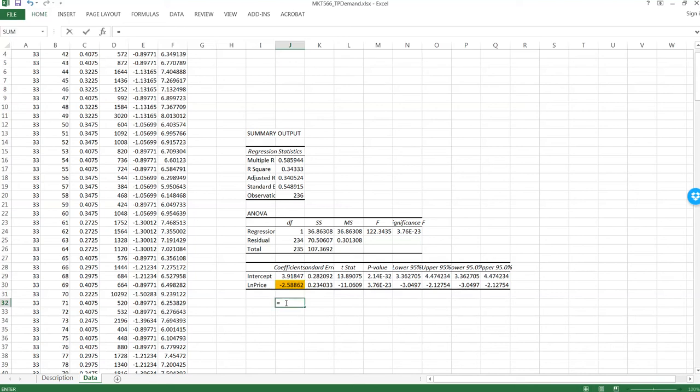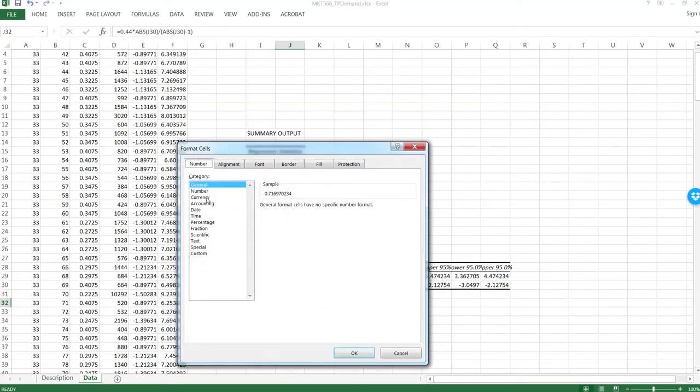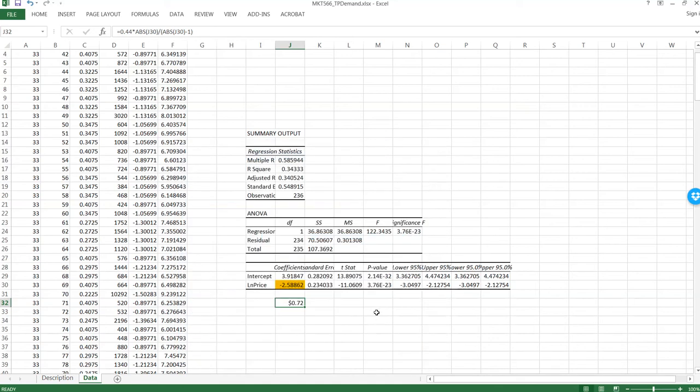And again, we use the formula used in class, which is the absolute value of elasticity divided by the absolute value of elasticity minus 1, times the marginal cost to the firm, which in this case is the wholesale price of toilet paper, which we stated earlier was 44 cents. So our optimal price is 72 cents.